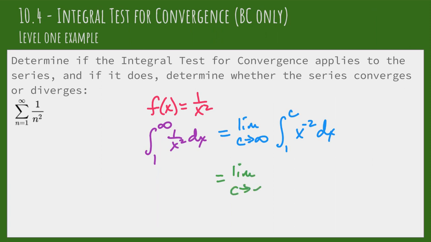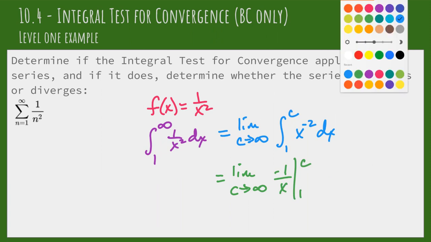So the antiderivative of x to the negative 2, we increase the power by 1. So x to the negative 1 divided by negative 1. So it's going to be negative 1 over x. And we're evaluating that from 1 to c.